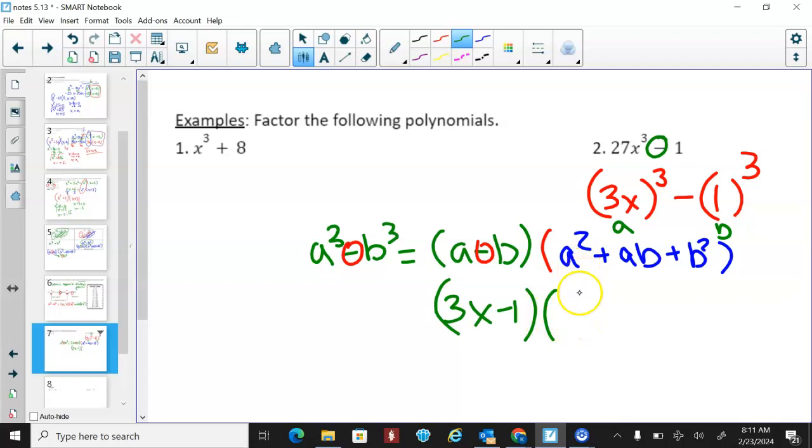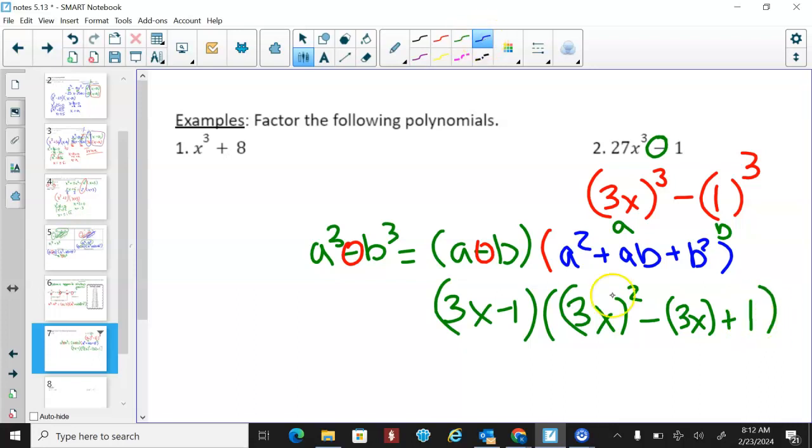Now, what is my a? 3x squared. What is my a times b? That's 3x times 1, which is just 3x, and then plus b squared, which is 1 squared, so that's going to be positive 1.